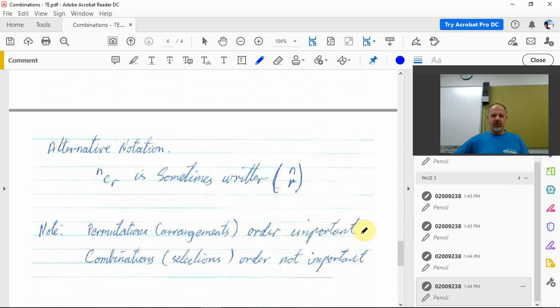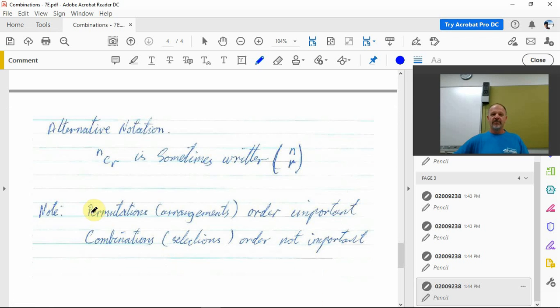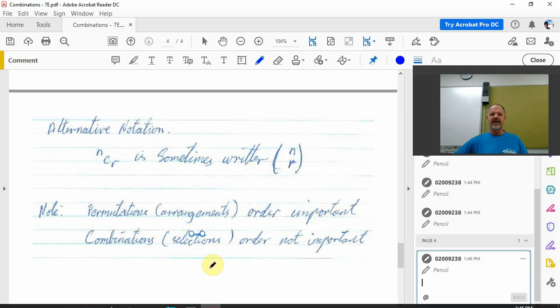I'll just point out to you before we get on to some practice questions: permutations are arrangements and the order is important. Combinations are selections and the order is not important. Sometimes you hear them referred to as arrangements and selections.